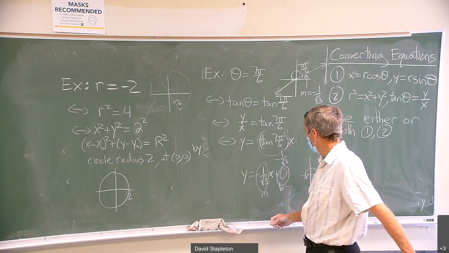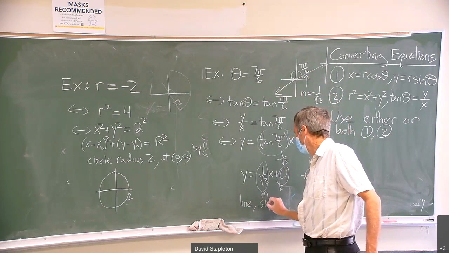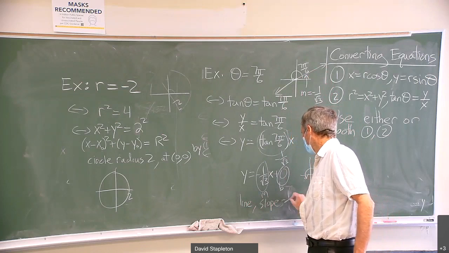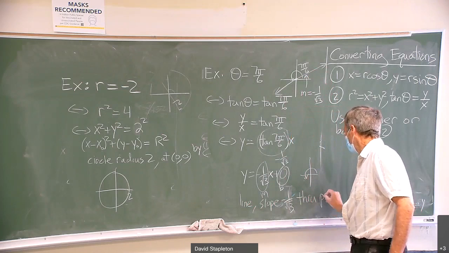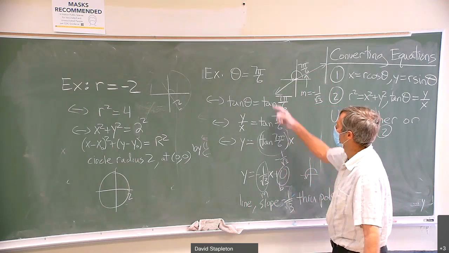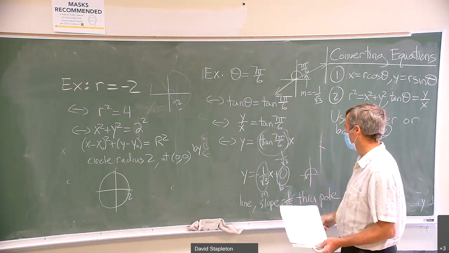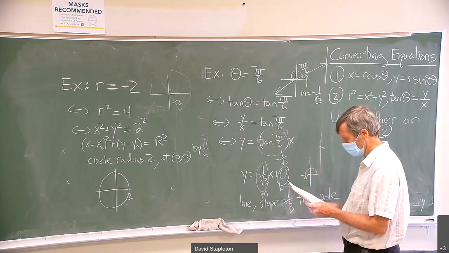So this is a line of slope minus 1 over square root 3 through the origin or pole. That is what you get when you put theta equals a fixed angle. It's just a line of slope tangent of that angle through the origin.